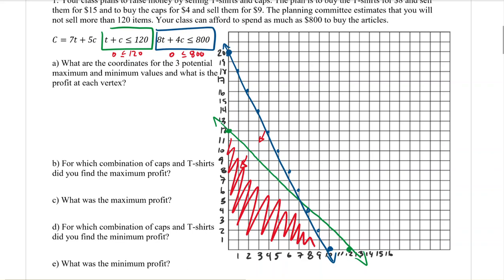Our vertices are going to be the point right here at 0, 120, point right here at, oops, I drew the line wrong. That should really be right here. Should be at 80, 40. And the last one should be over here at 100, 0.